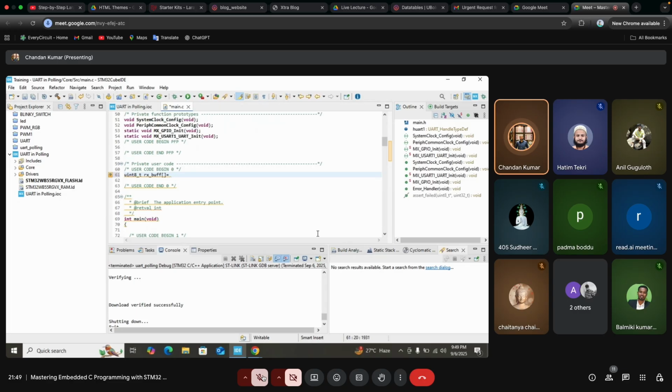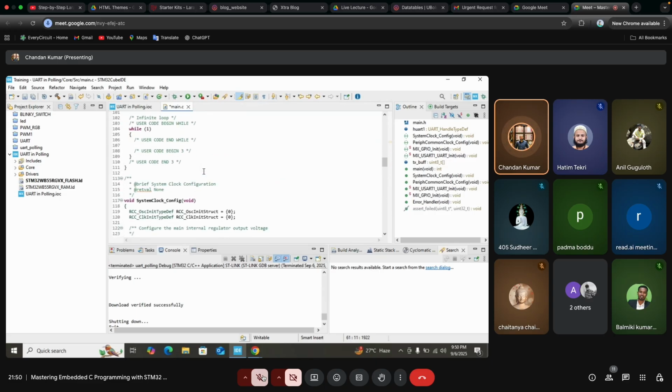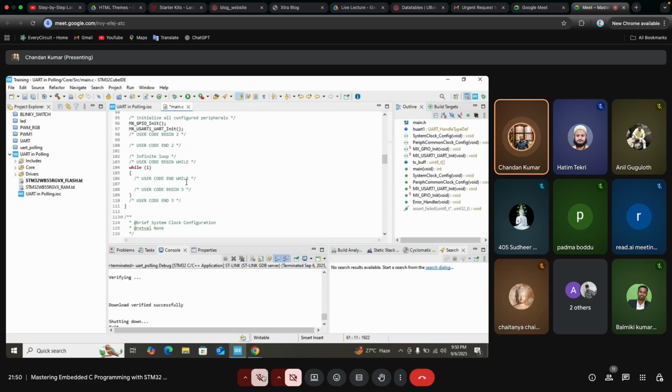I'll store the data to be sent. So I'll just keep my name here. Fine. Or it's not RX, we will send it, so it's TX buffer. Then in the while loop, we will transmit.